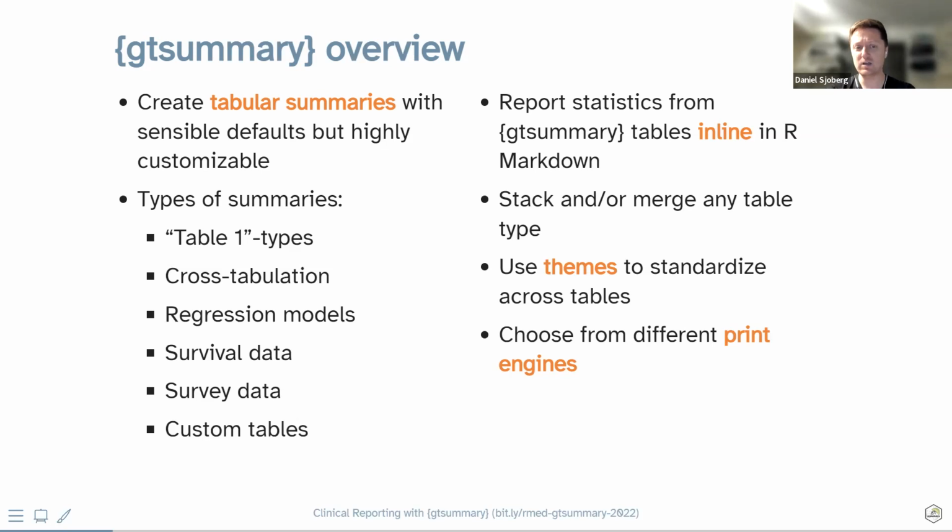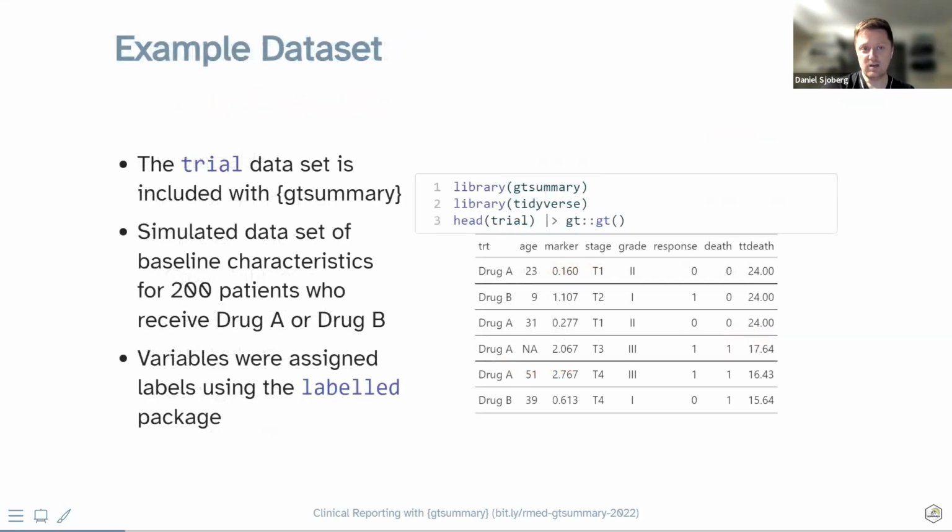We did that because sometimes you needed Word output, but gt didn't fully support Word at that time. So we'll talk a bit about the print engines too, and all the customization you can achieve through using various ones. All right, so now we're going to get started with examples.